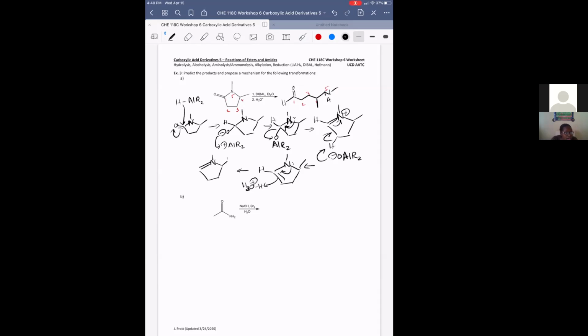And now we still have a hydrogen here. We've technically added a hydrogen here now. Sorry, I'm missing a step. So we have a hydrogen here, and then with water, we've added a hydrogen here. And now with our acid, we've added a hydrogen here.